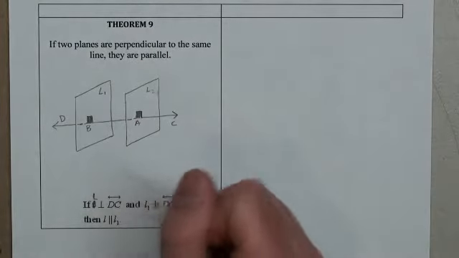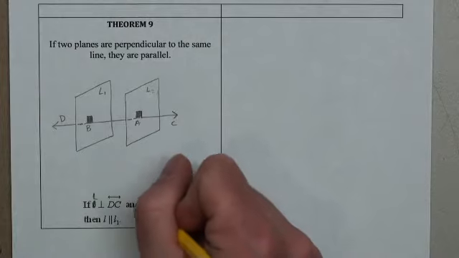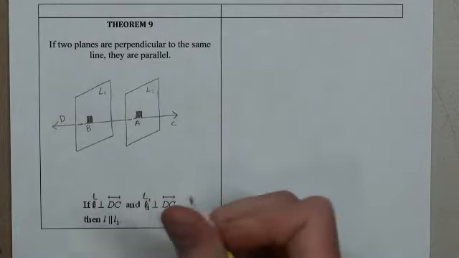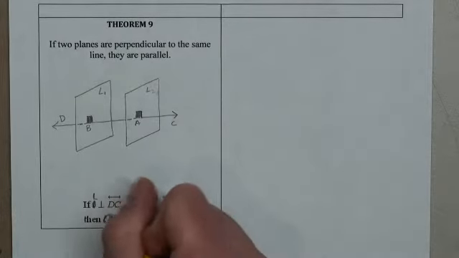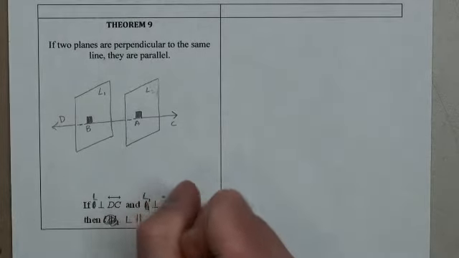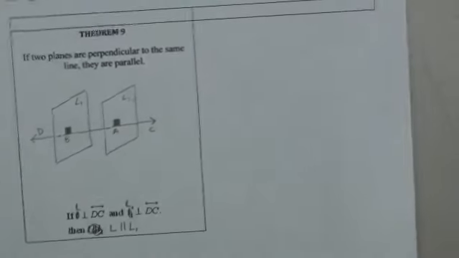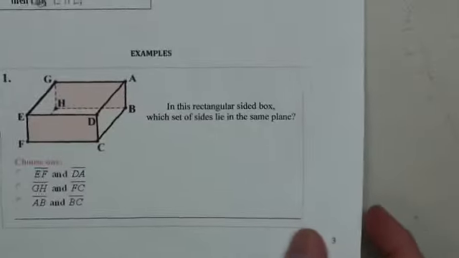If L is perpendicular to line DC, and L sub 1 is perpendicular to line DC, then L is parallel to L1. Let's look at the examples.